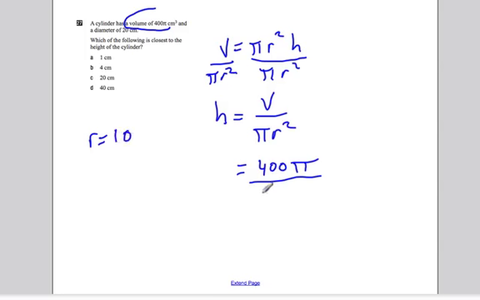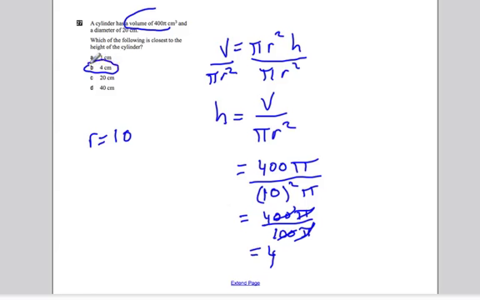So we're going to put in, and I switch this around, 5 squared times pi, which is equal to 400 pi over 25 pi. The pi's cancel out. 400 divided by 25 will be 16. So the height of the cylinder is 16 centimeters.